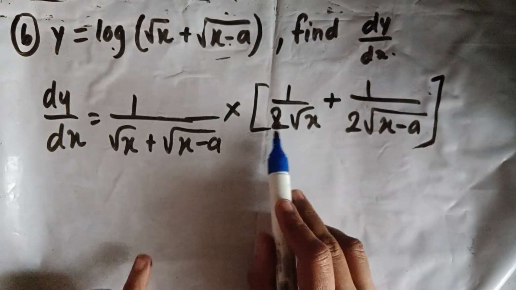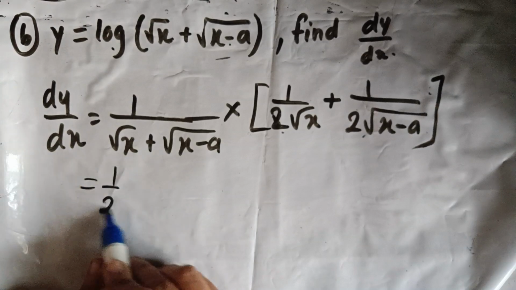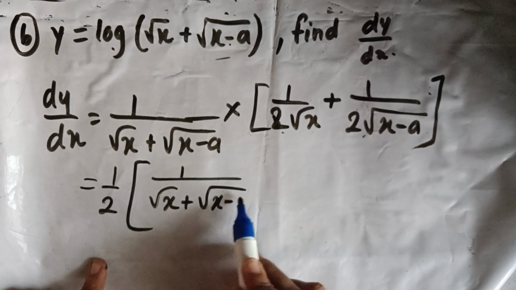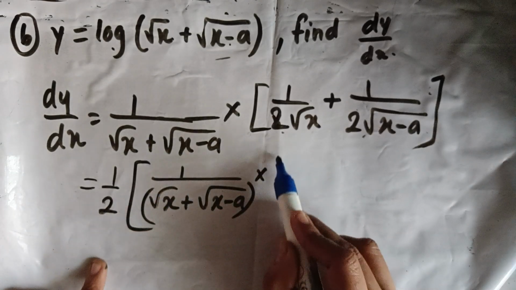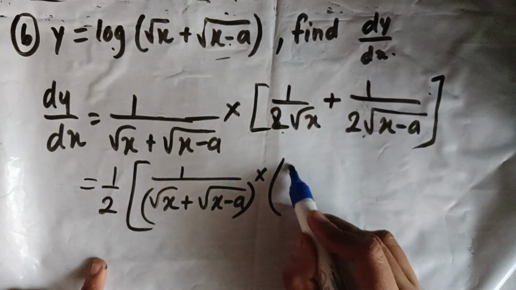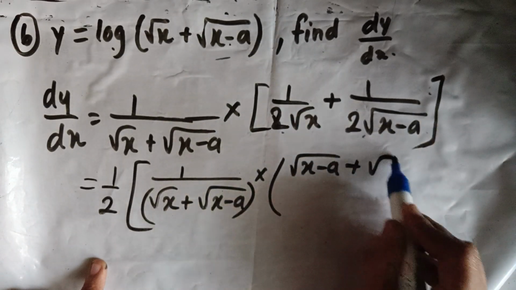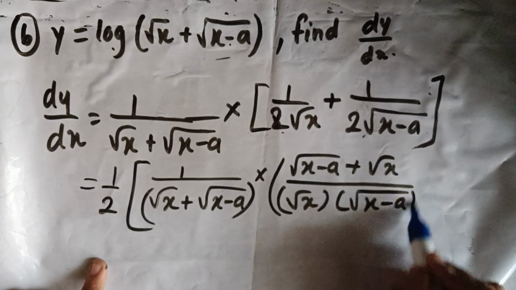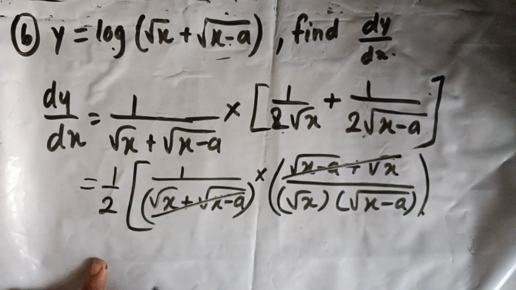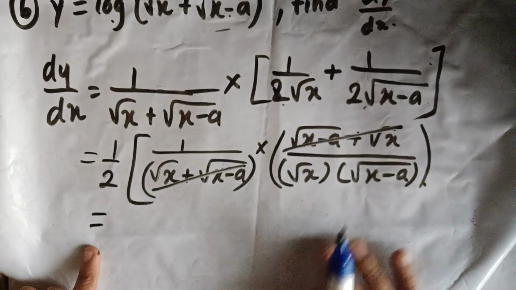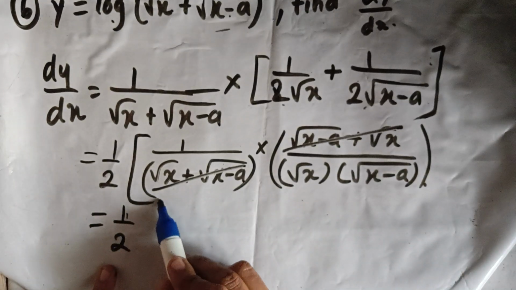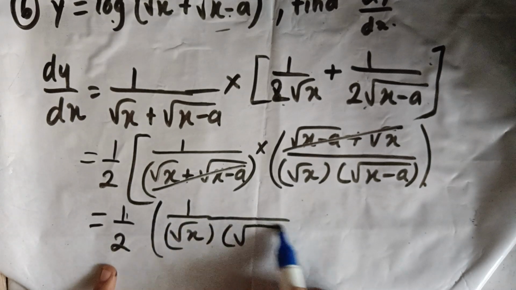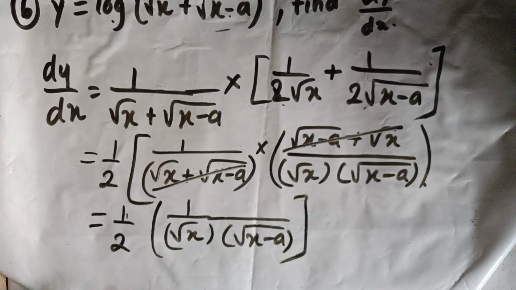No need to write. So this 2 I can take outside. Okay. So here you can cross multiply. So this gets cancelled. And finally you will get half, 1 upon x into x minus. Okay.